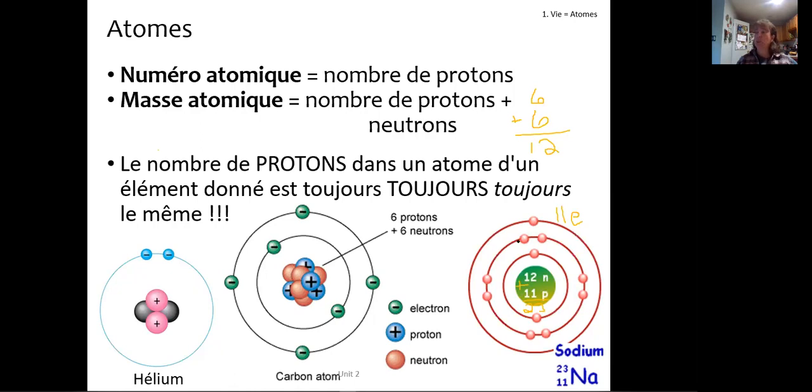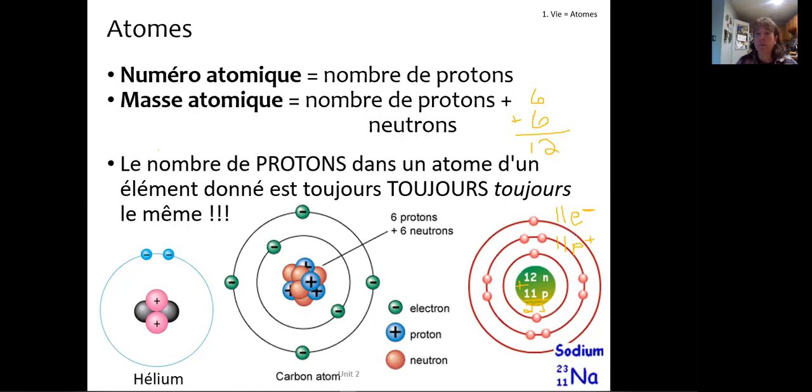So what is the charge of this atom? Remember, we said positives cancel out negatives. There's 11 of each, then the charge is going to be nothing, neutral. There is no charge.